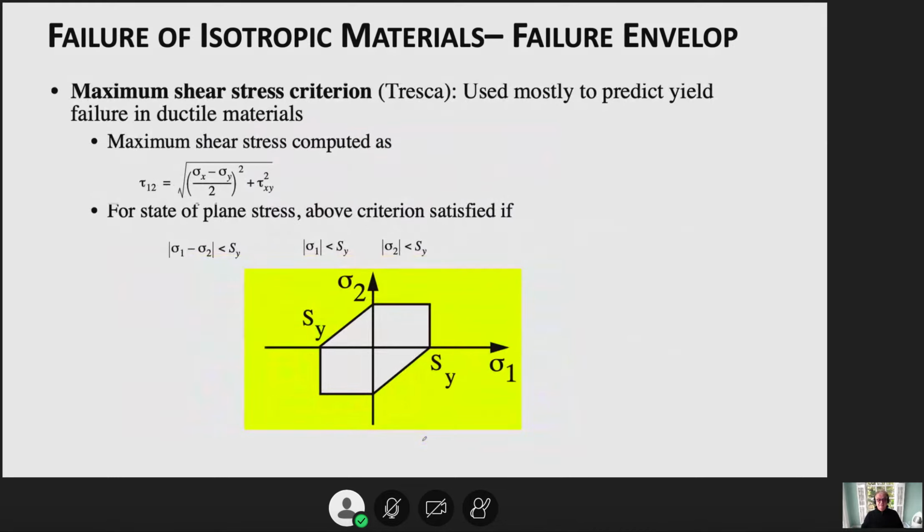Now, beyond that, there is some interaction and shear stresses come into the picture. And this is the maximum shear stress criteria or threshold. And you again compute maximum shear stress from the principal stresses. And that will be equal to the radius of the Mohr circle, which is this thing here.